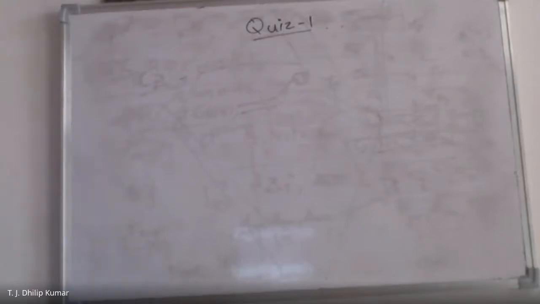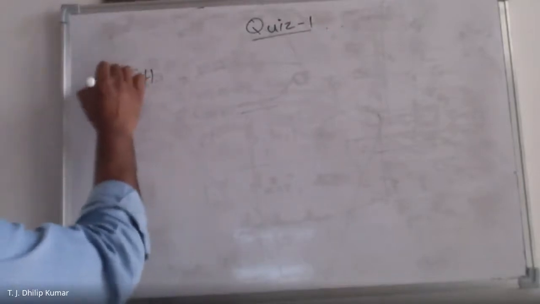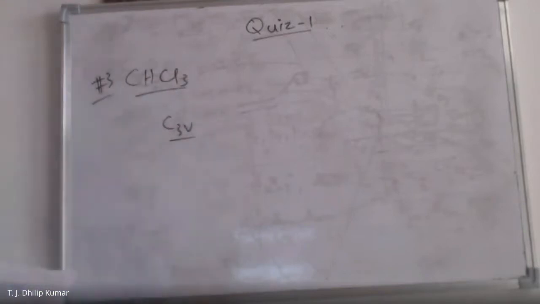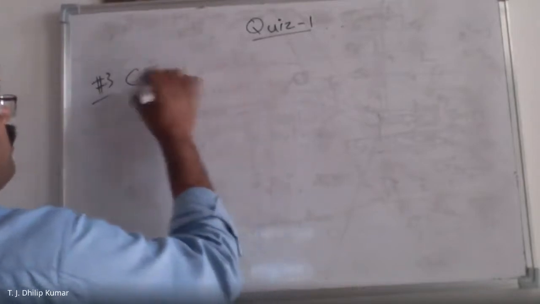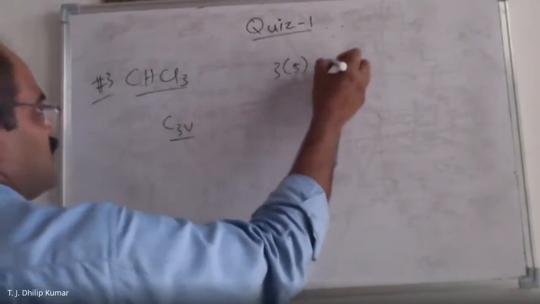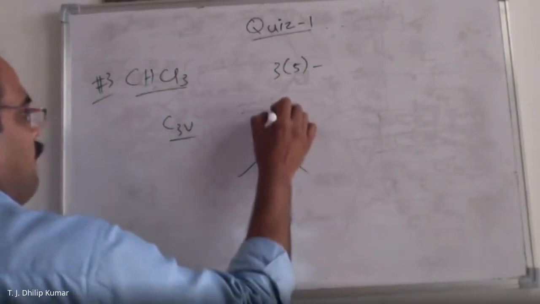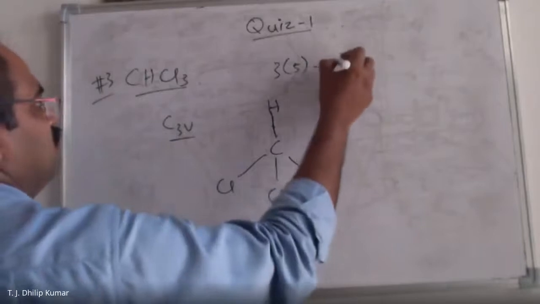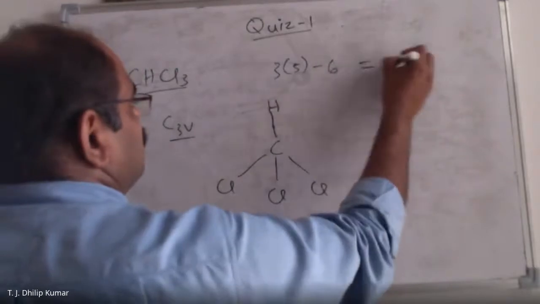Next is the normal modes of the CHCl3 molecule. Again, this is the third problem. So C3v, and then determine the number and symmetry. CHCl3, right? So 3, 4, 5. 3 times 5 minus 6, nonlinear molecule, 9 modes.